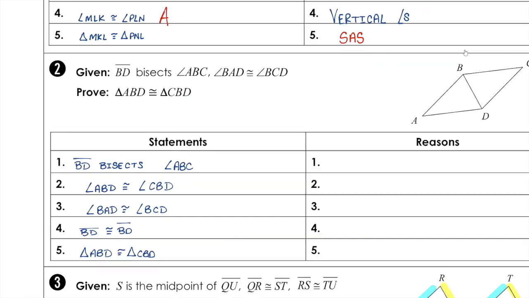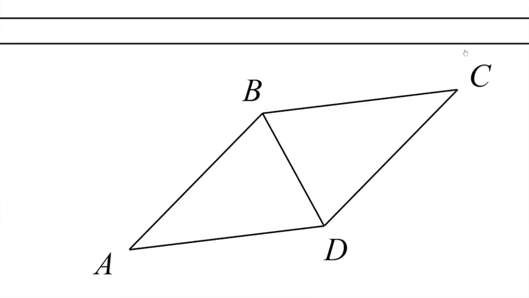BD bisects angle ABC. So what does it mean for this line to bisect that angle? What does a bisector do? What does it mean to bisect something? Cut in half. So it cuts into two congruent angles.